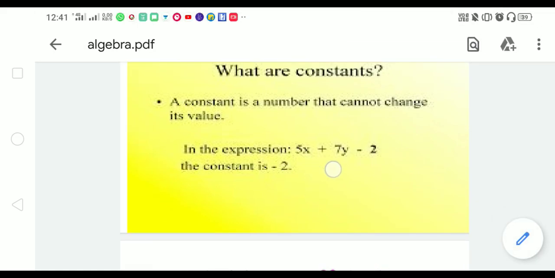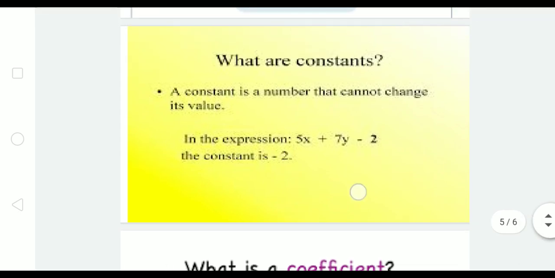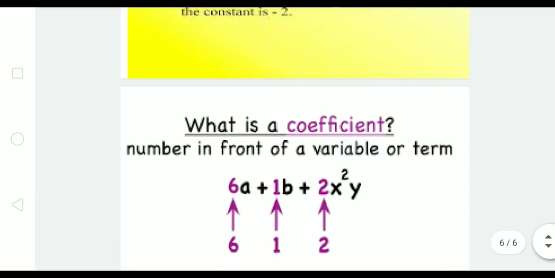If you multiply in the place of x by any number, this value will change. For example, if you multiply 5 into x, x can be any number. If x equals 2, then 5 into 2 equals 10. So x can be any number, y can be any number. So x and y here are both variables, and the constant is 2.